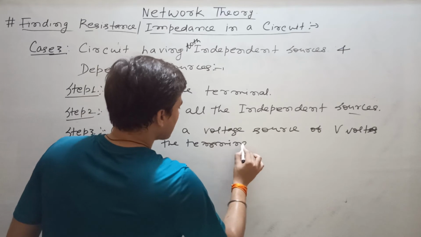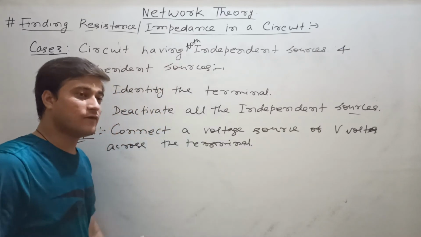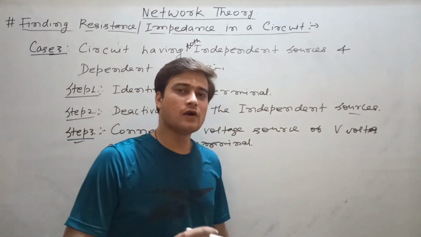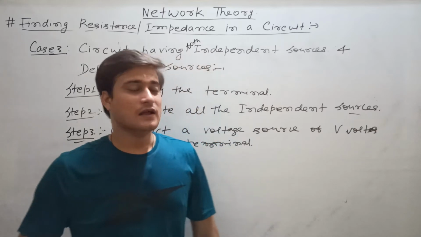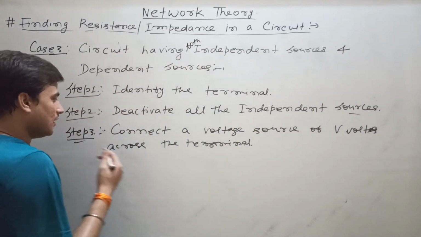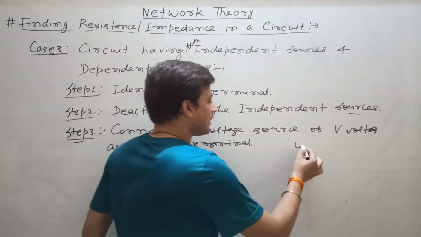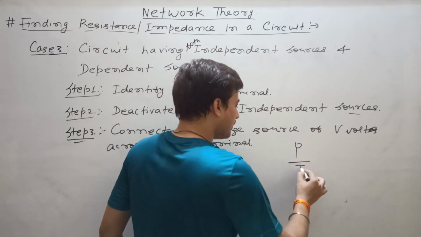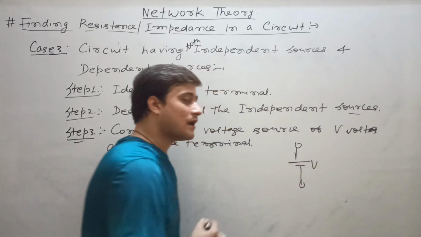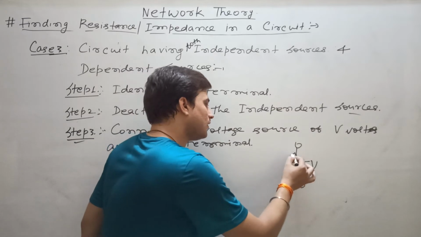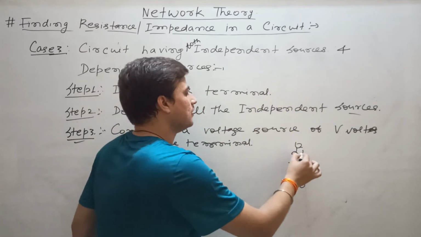Now this time they are saying you have to connect a voltage source of V volt across the terminal. That means here you are going to connect a battery across the terminal. Now what will happen if you are connecting a battery? This will deliver some current.